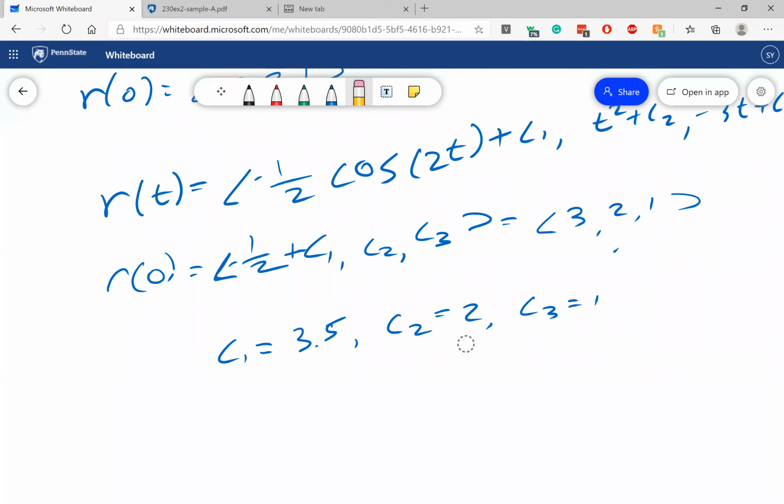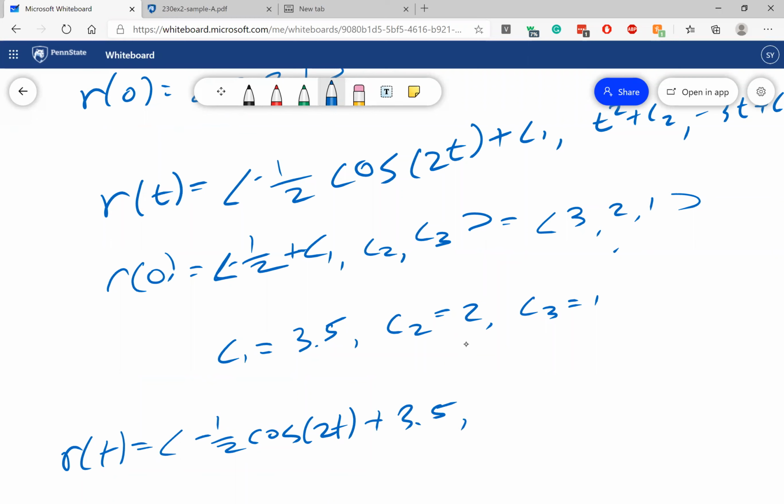So now we have r of t is equal to (-1/2 cosine of 2t plus 3.5, t squared plus 2, -3t plus 1).